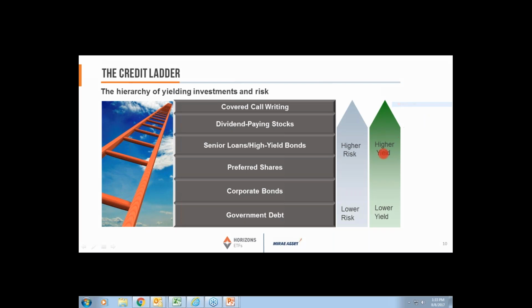Just want to make sure everyone's on the same page here. As we look at things that yield higher and lower risk, generally the hierarchy of risk goes like this. Government debt, when we're talking about Canada and US bonds in particular, because these are large developed nations, you're basically looking at virtually no credit risk. The debt of the Canadian government or the US government is fairly absolute to pay you back.